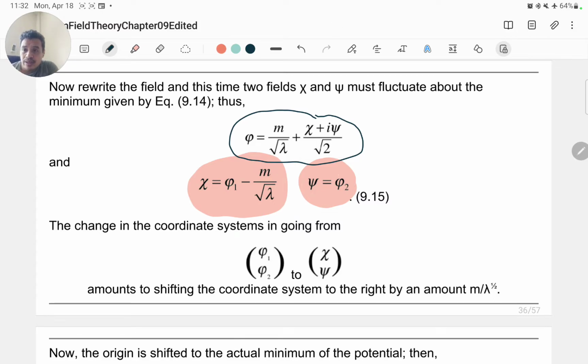So the change in the coordinate system from phi 1, phi 2 to chi, psi amounts to a shift in the coordinate system to the right by an amount m over square root of lambda.